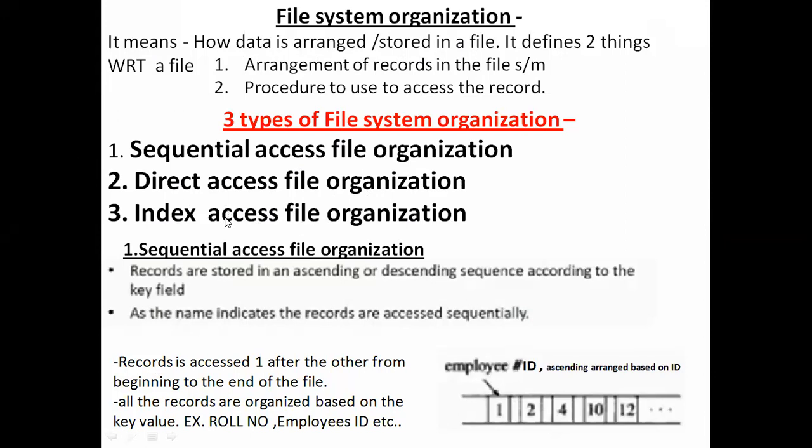So the file system organization meaning can be taken as how the data or the information will be arranged or stored in a file. Basically, it can be defined as two things with respect to a file, and those are the arrangement of records in the file system. How the information, the data, or the records will be arranged inside a file system.